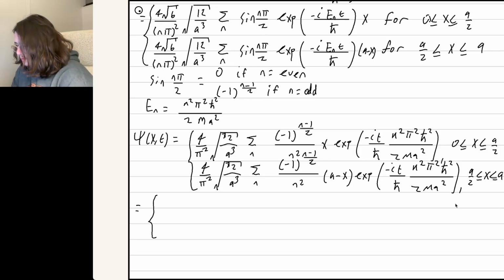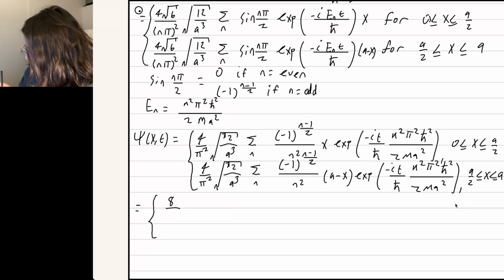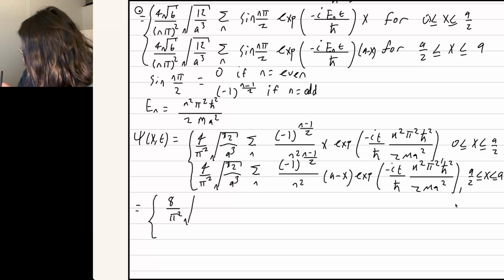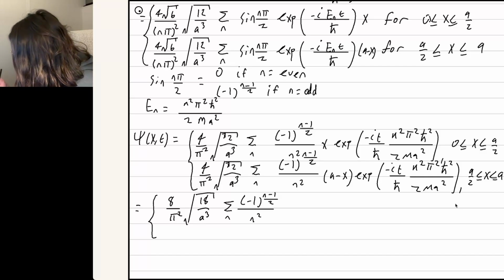So 72 is not a perfect square, but we can factor out a 4 at least. So it's going to be 8 over pi squared, and you're left with, on the inside, 18 over a cubed. Sum over n, minus 1 to the n minus 1 over 2 over n squared times exp.